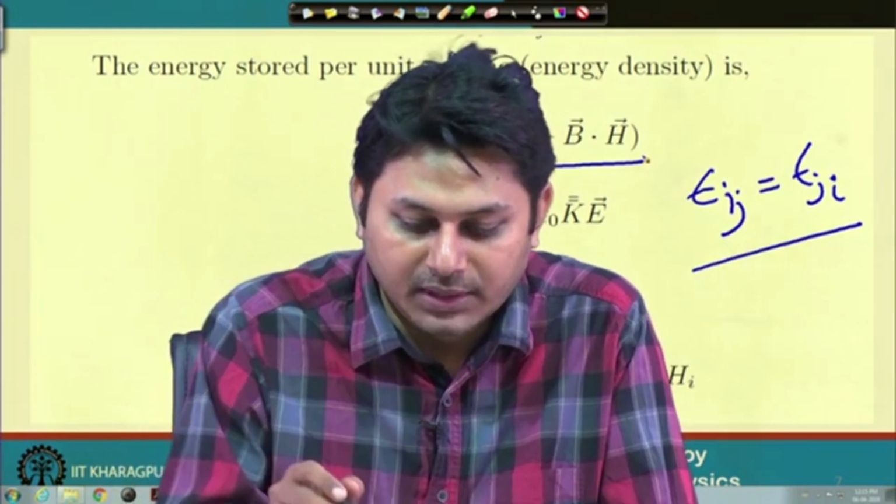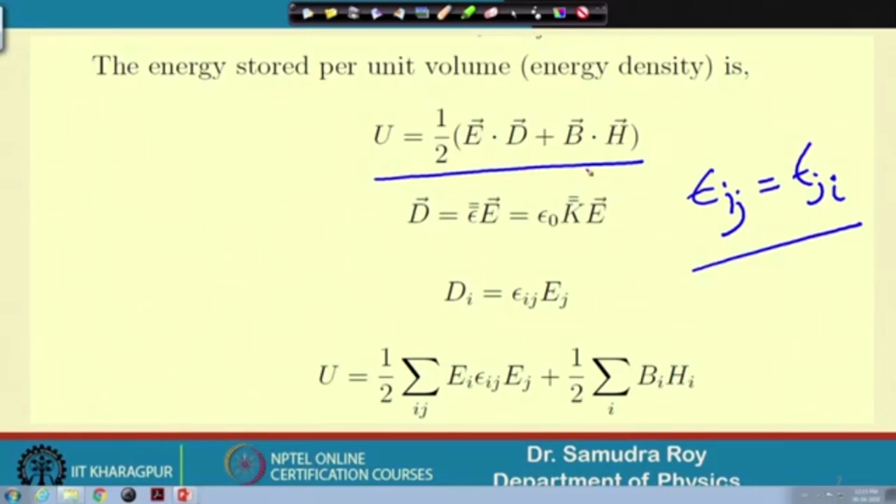So, U is the energy density, the energy stored per unit volume, and I can write this in this way. D is epsilon double bar times epsilon 0 times E. This is the relationship between D and E in an anisotropic system.